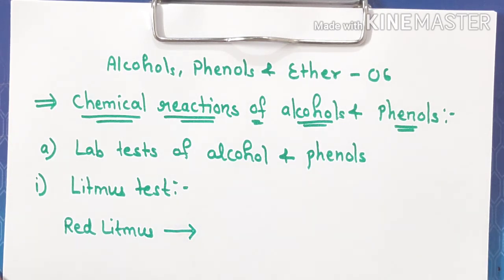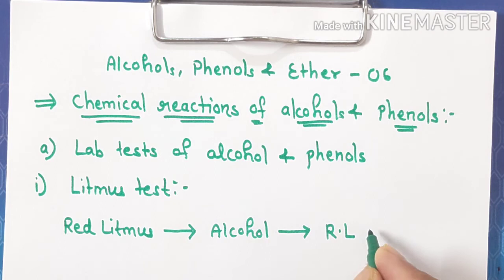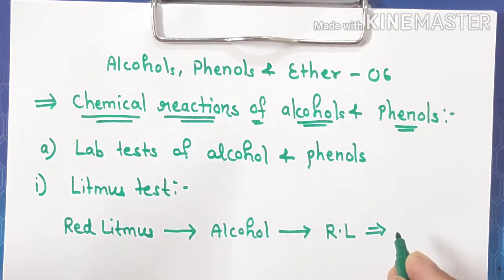What result do I find? The red litmus remains red only, which means there is no change in the color of the litmus paper. Then is it acidic or basic? Since it has not shown any change in color, I will say it is neither acidic nor basic. That means it is neutral.